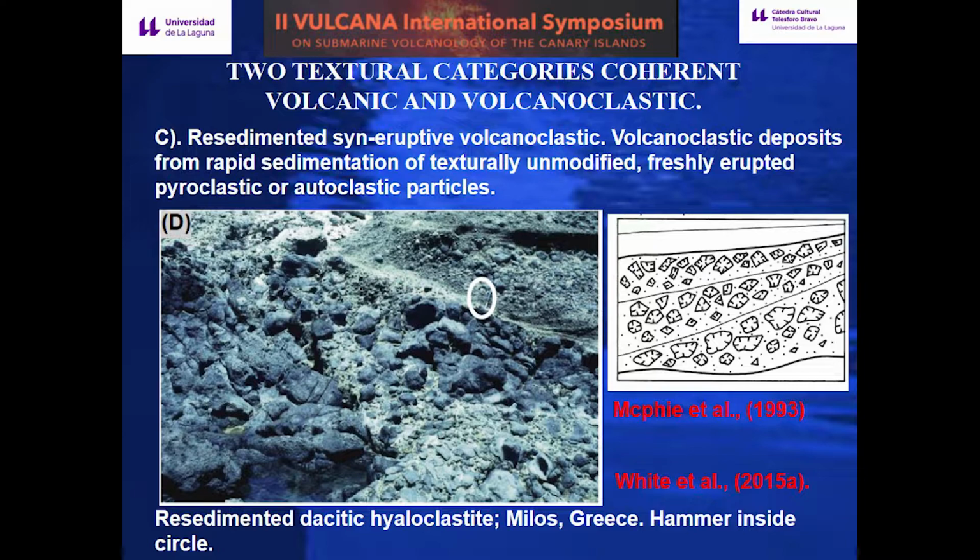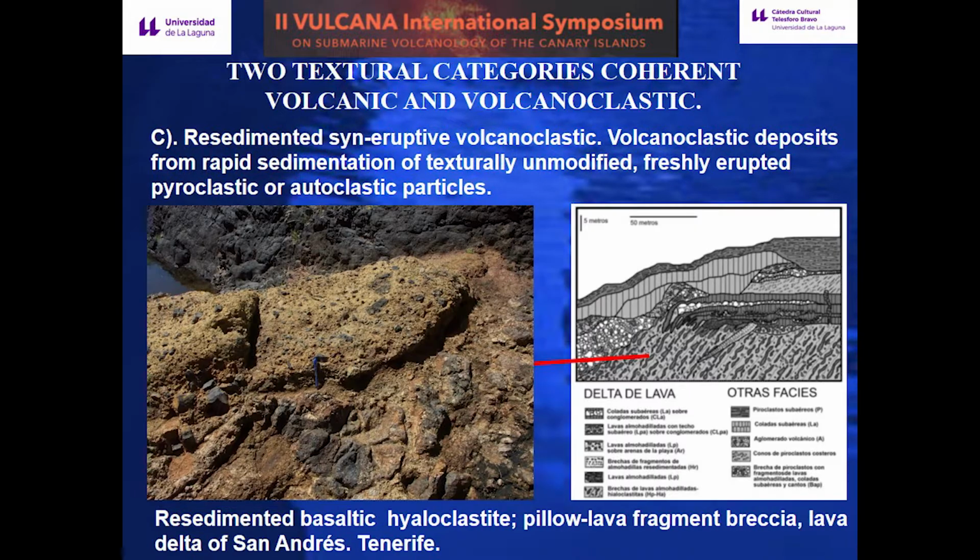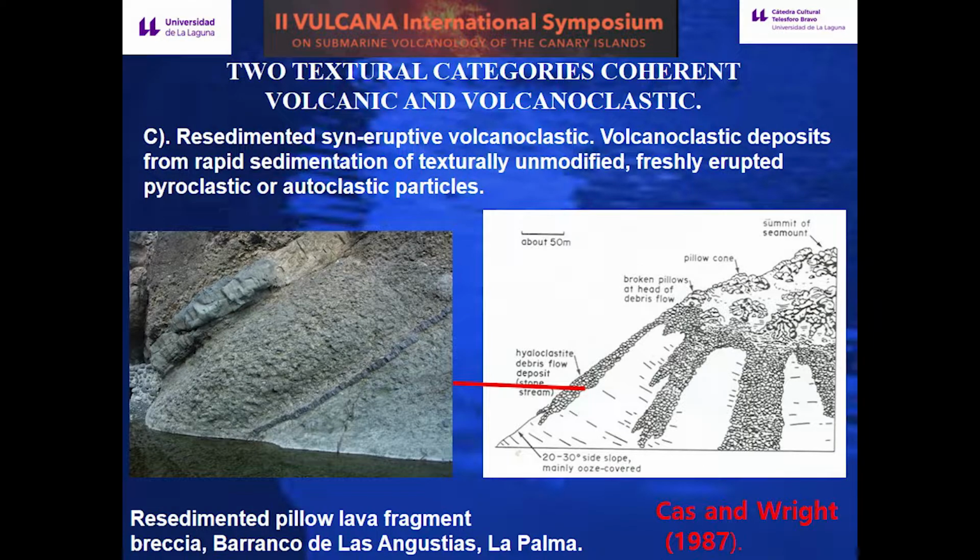You can see, for example, resedimented dacite hyaloclastite from Milos in Greece. This is another example of resedimented basaltic hyaloclastite from pillow lava fragment breccia, from the lava delta of San Andres here in Tenerife. And another example from the Canaries, the resedimented pillow lava fragment breccia in the Barranco Las Angustias in La Palma.